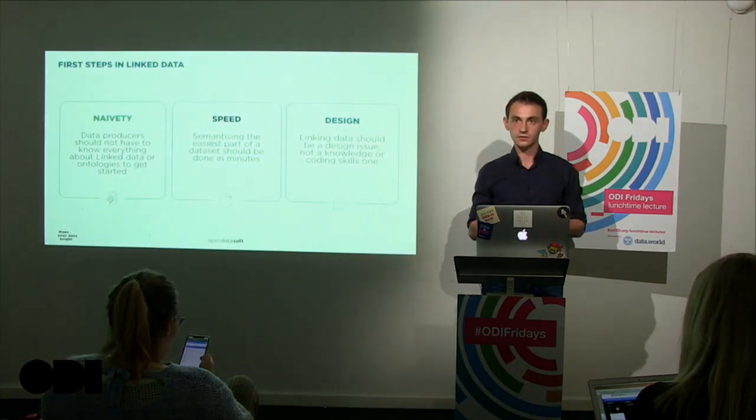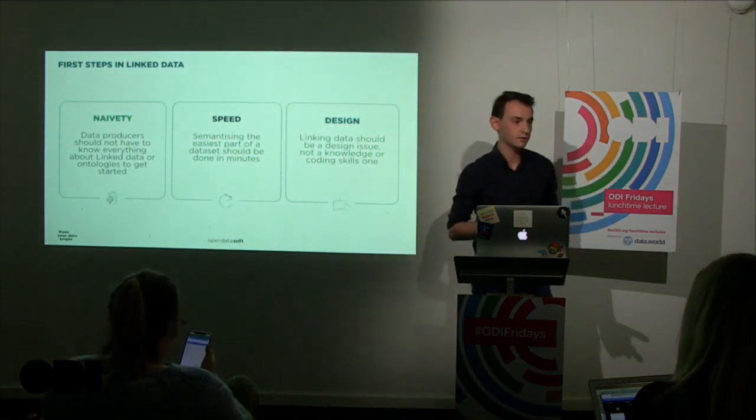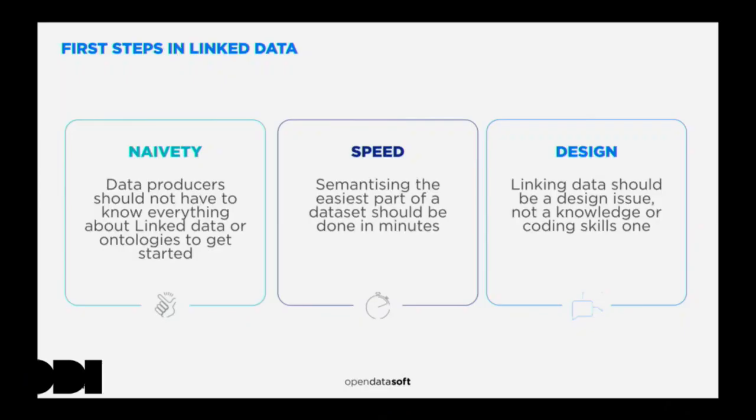We think that every data producer who has interesting data should be able to semantize their data set without knowing everything about linked data and vocabularies. Second, we think that the easiest parts of a data set should be semantized quickly. When I say easiest parts, it means that some parts of your data set may already be semantized in the Linked Open Data Cloud.